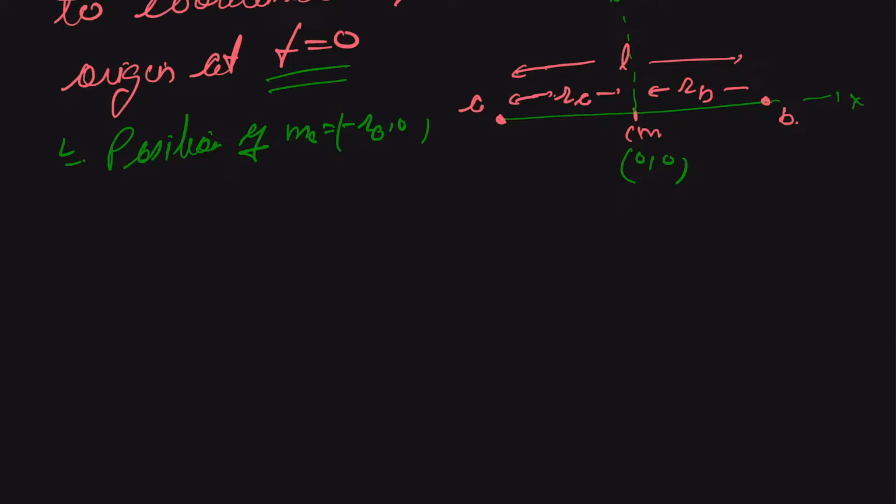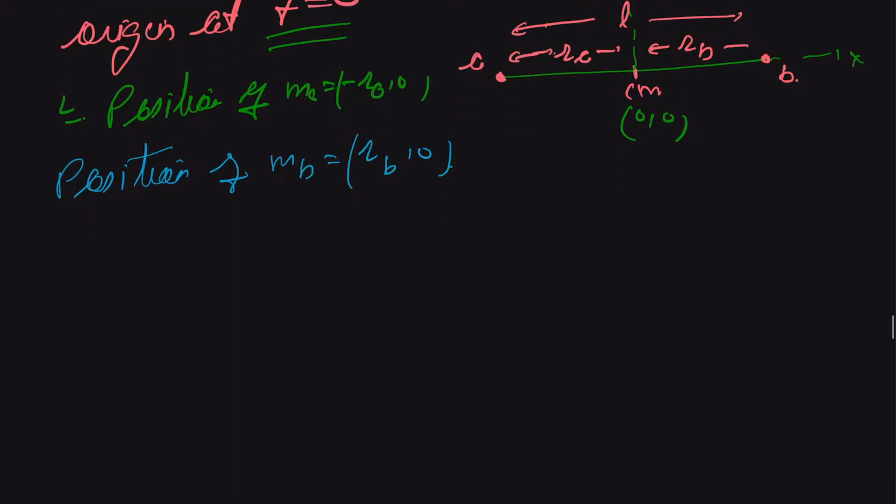And the position of MB will be equal to RB comma 0. This was our position, and we can find out the velocity of the center of mass.